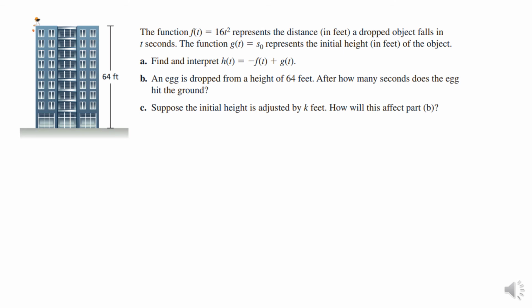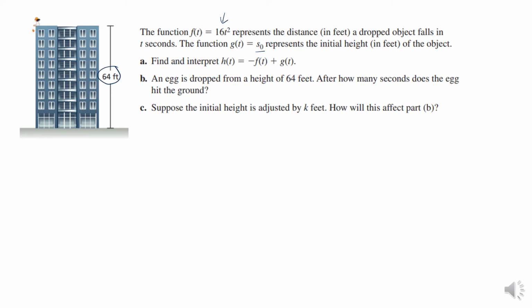So I thought this one was really good because it explains how they came up with the vertical motion model. So this represents the distance in feet that a dropped object falls in t seconds. Then it says h naught represents the initial height. Remember, that's our c, and in this case it's 64.